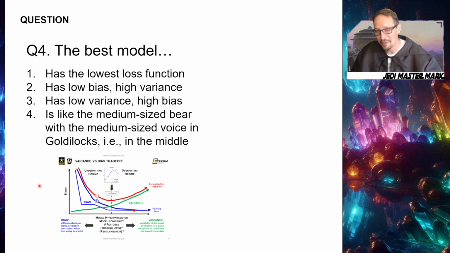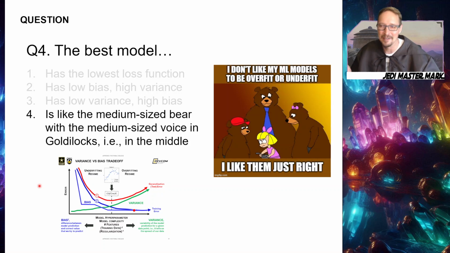And this should give it away if you haven't already, know the answer. You want your models to not be overfit, not be underfit. You want them in the middle. You want them to be optimal so that they make good predictions on new data.